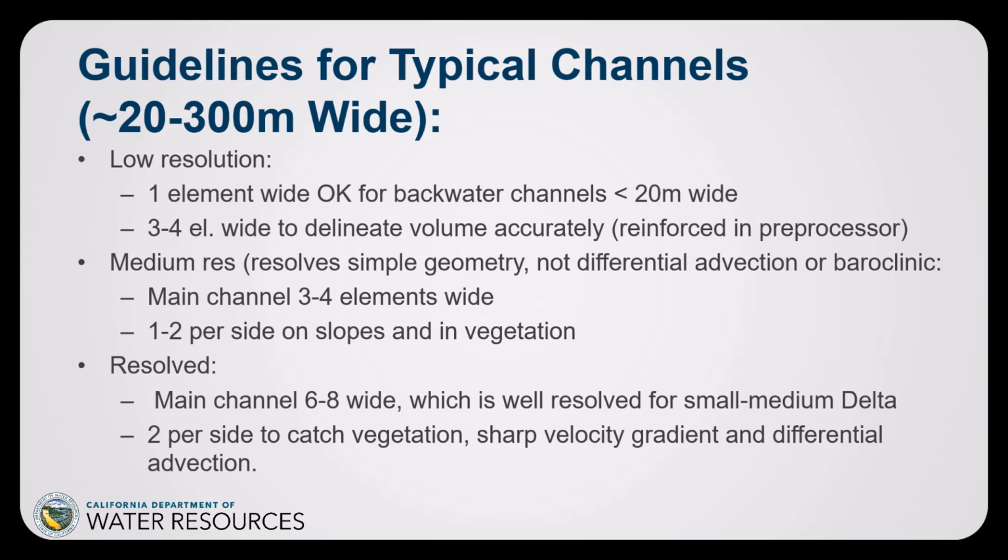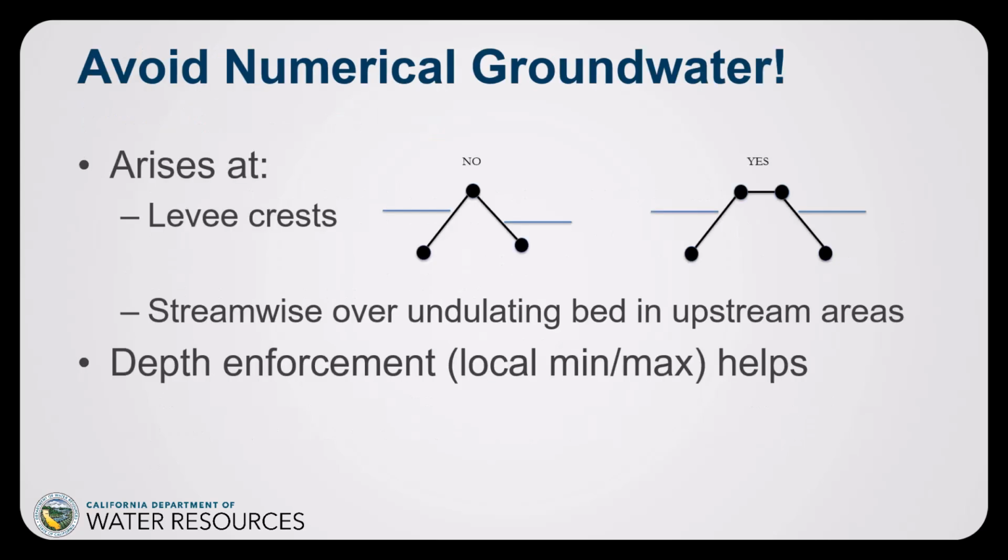We'll try to post a few coordinates where we think the principles are applied well. The next issue is something that I call numerical groundwater, which is a kind of quirk of the finite element method used in the solver. SCHISM can produce water running underground or through levees if you have just one dry node, or you could flip this and say one wet node, and particularly if the bed is undulating.